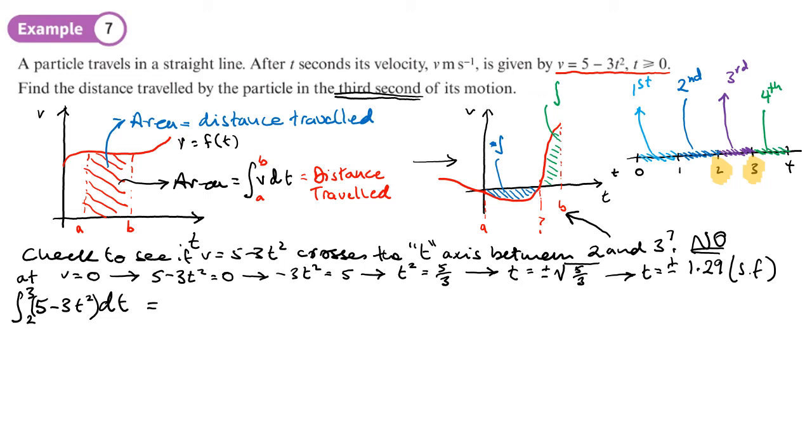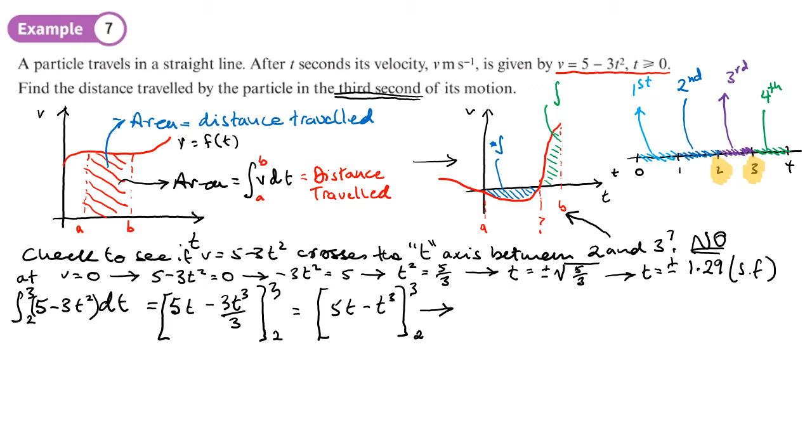So integrating, I have 5t minus 3t cubed over 3. My limits are going to be 3 and 2. Let's simplify that a bit: 5t minus t cubed, between 3 and 2.